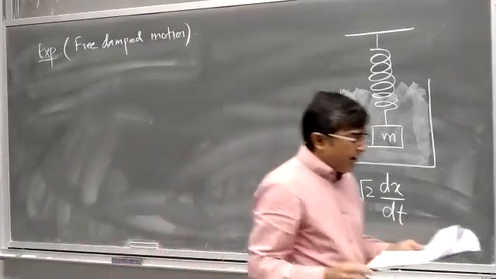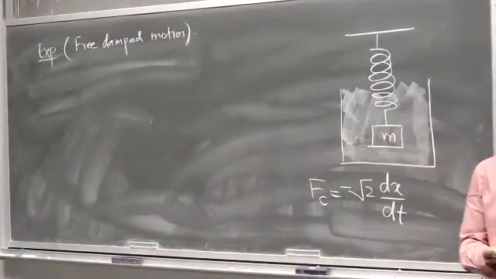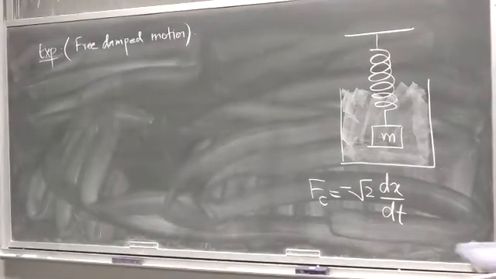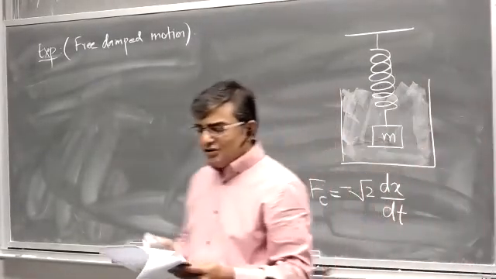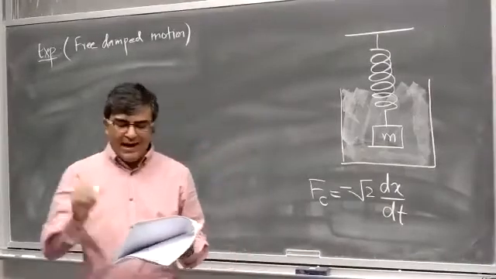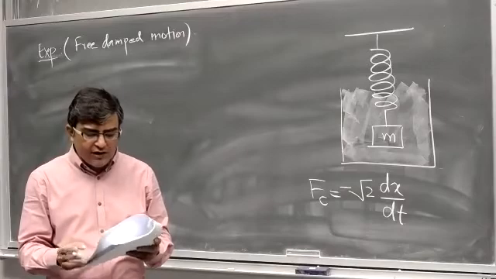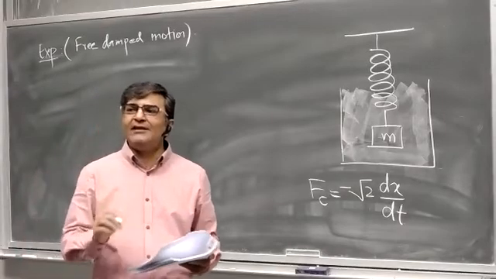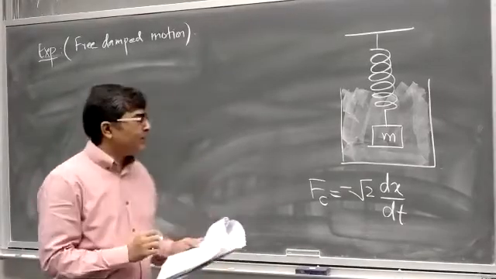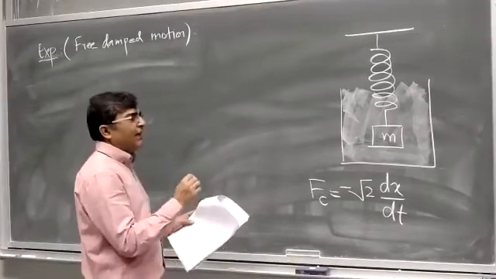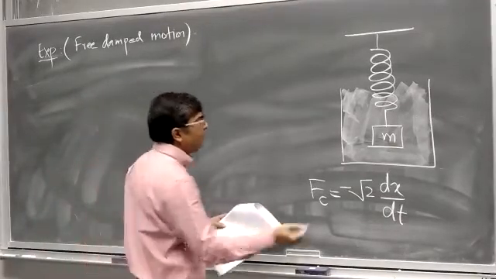Now, what we have to do is find the equation of motion if the mass is initially released from the equilibrium position with a downward velocity of 5 feet per second. The mass is released from the equilibrium position. What does it mean?